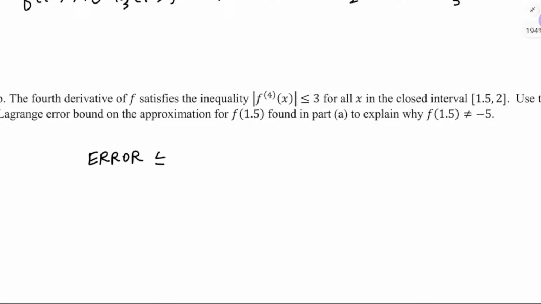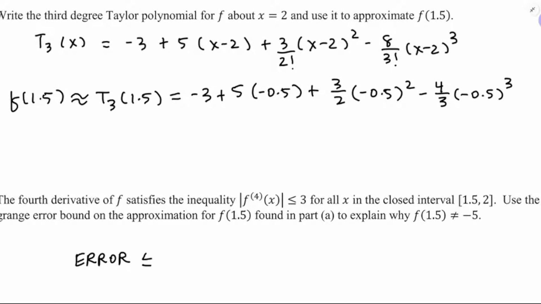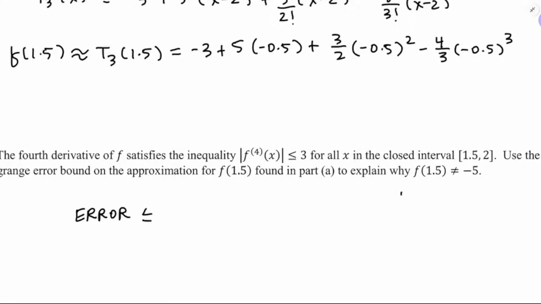So, error less than or equal to, okay, we used a third degree polynomial. So, we used n equals 3. Our polynomial was centered at 2, and we approximated at x equals 1.5.